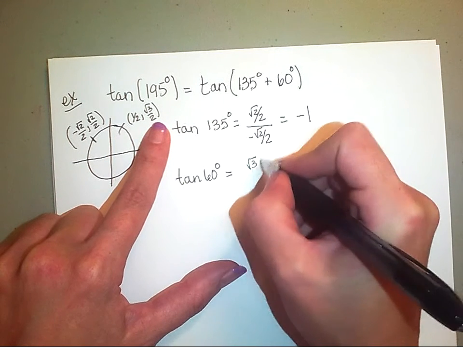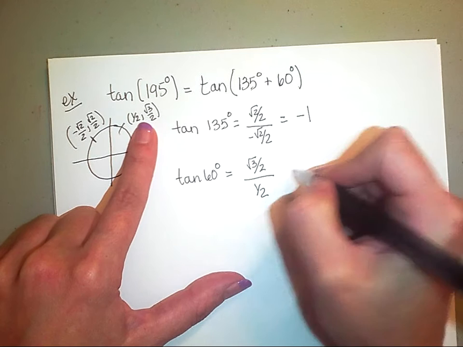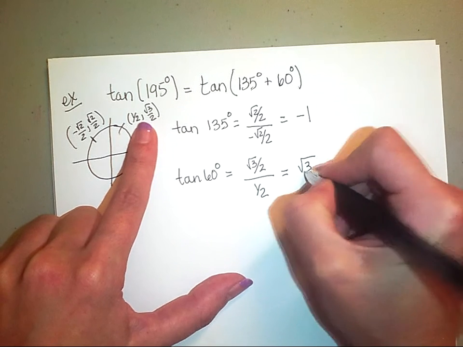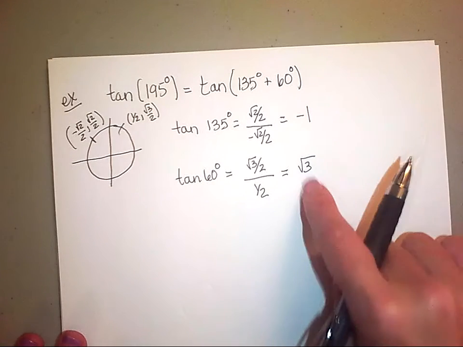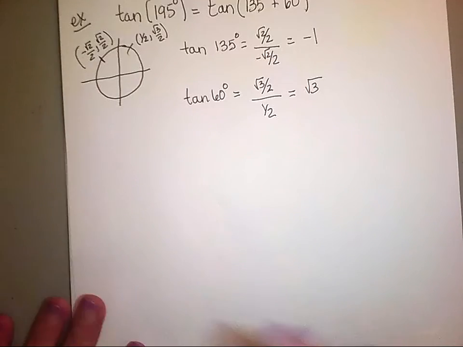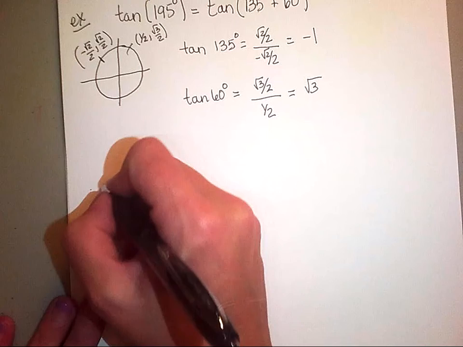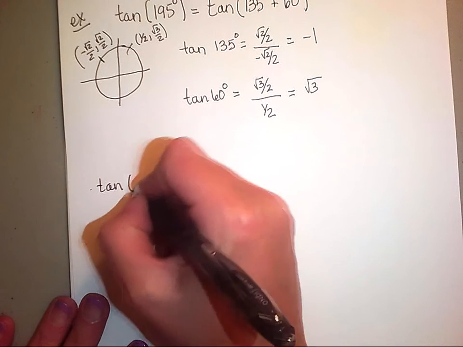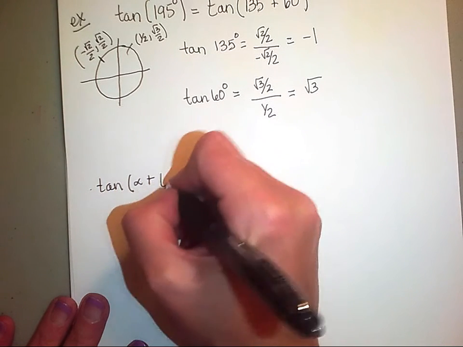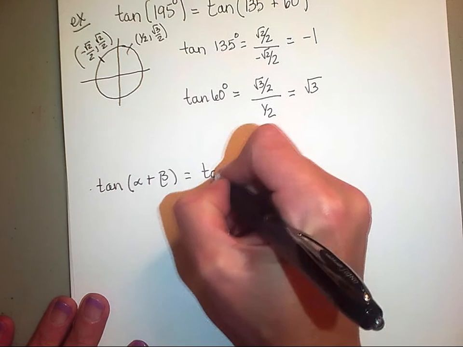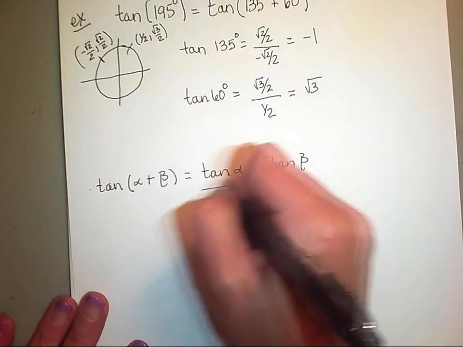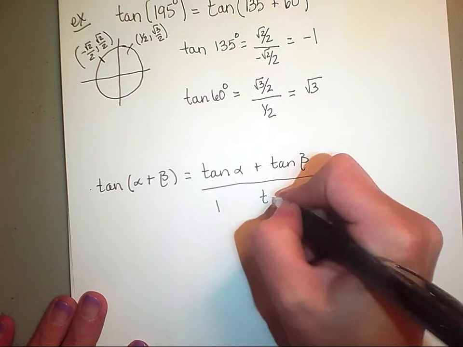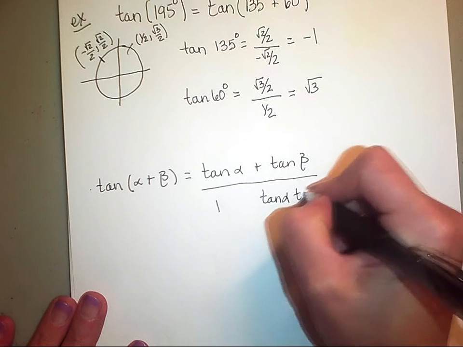That's the sine, square root of 3 over 2, over the cosine, which is 1/2, which reduces to just square root of 3. Now that we've done that, this will save us some work in our formula. So we know then that the tangent of alpha plus beta has to be the tangent of alpha plus the tangent of beta over 1 and their product.